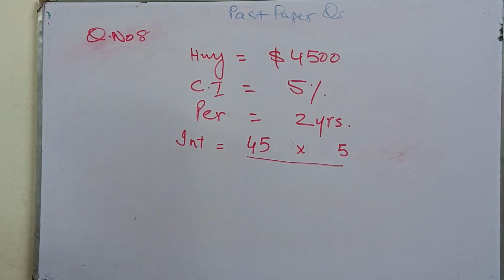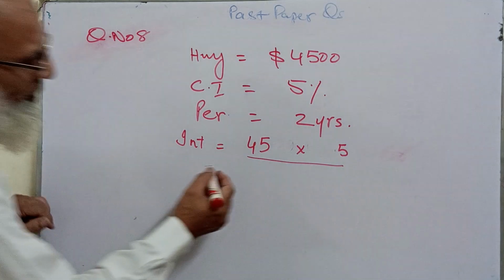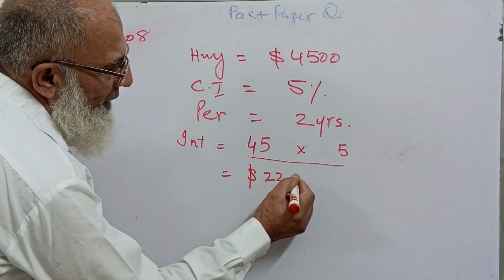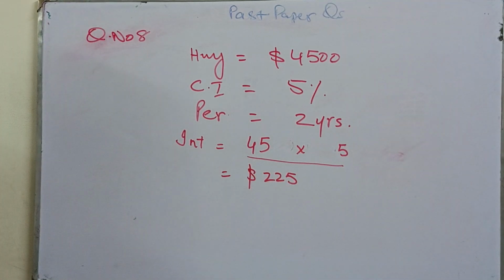Now 45 multiplied by 5 only has left, and it has become $225. Interest for the first year is $225. What will we do?